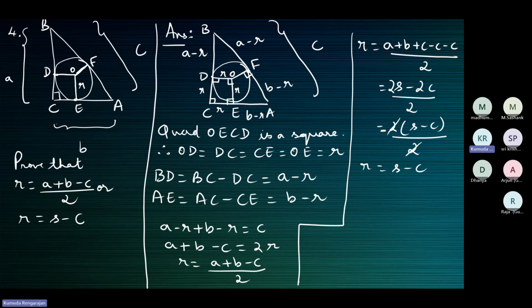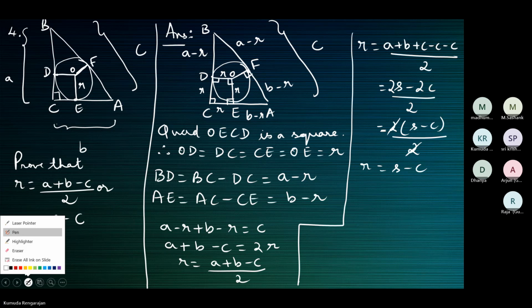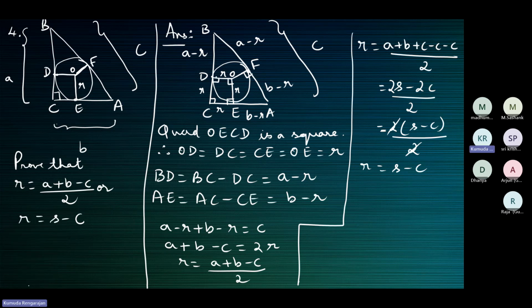Okay. So I don't have to explain why the quadrilateral ODCE is a square. Every corner is a right angle and adjacent sides are equal, so it's a square, which means all the sides are equal. So each side of the square is equal to R units.